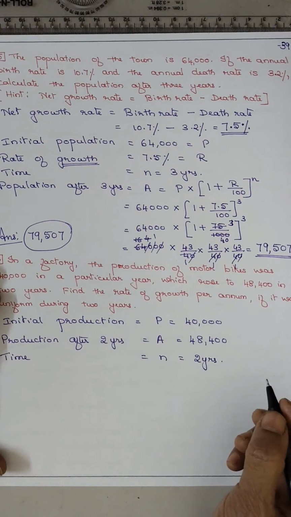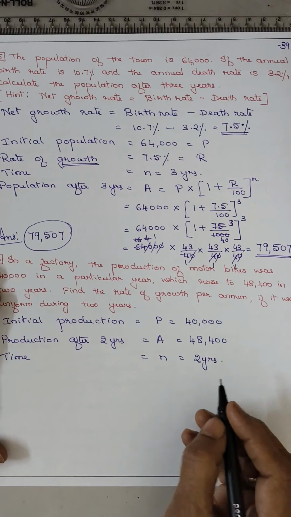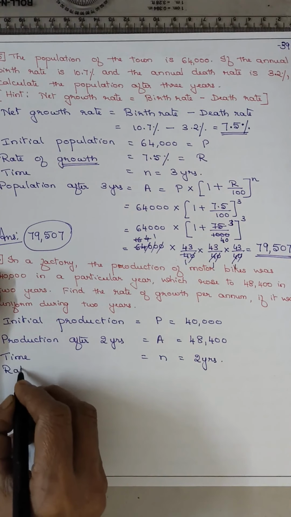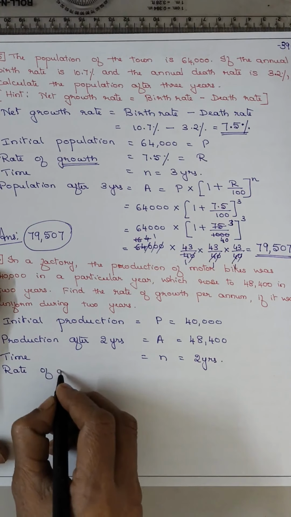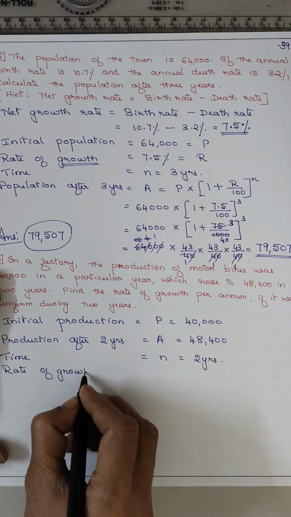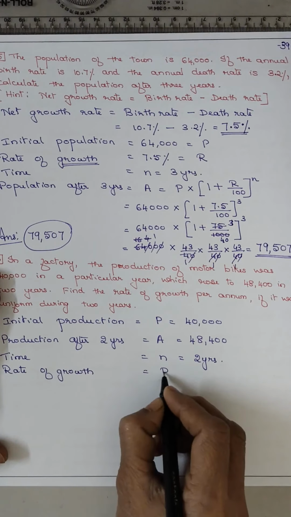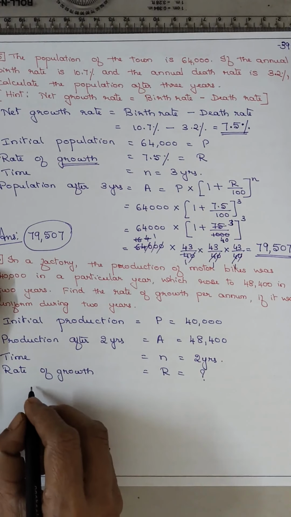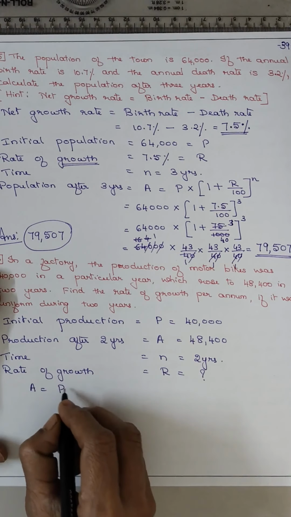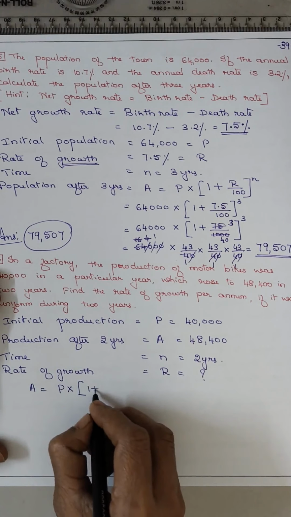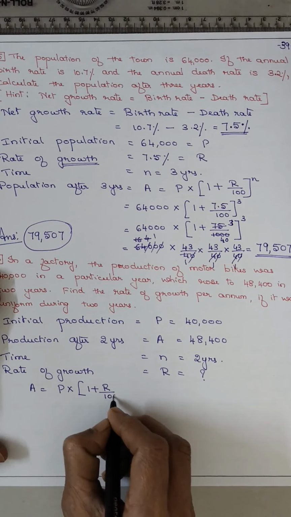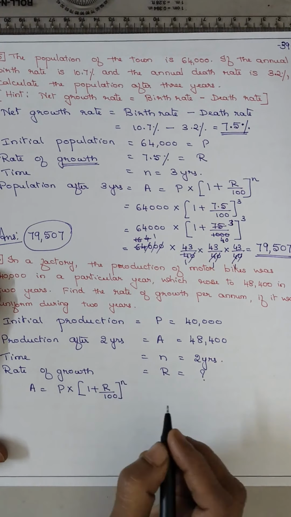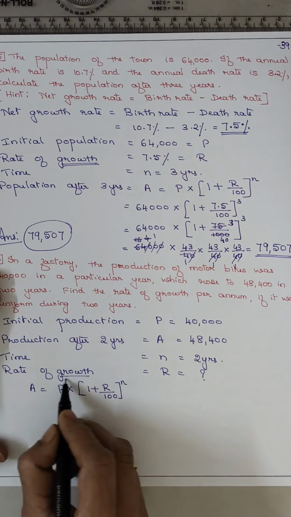Now they have asked the rate of increase. So rate of growth, that is R, how much is it? So formula: A is equal to P into 1 plus R upon 100, the whole raised to N. Why plus? Because it is growth.